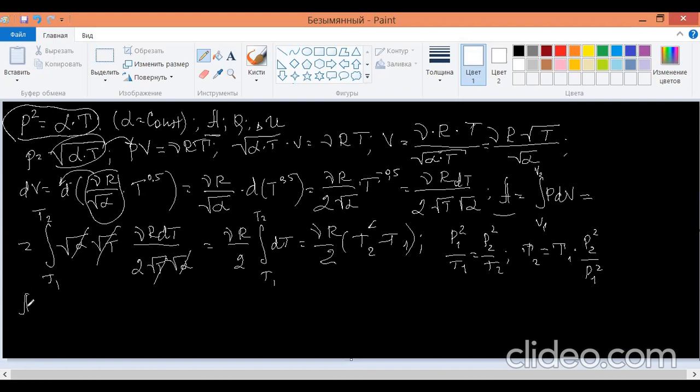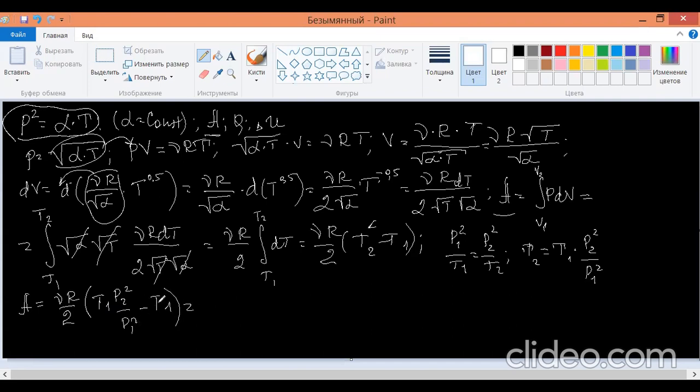And finally, we'll get that A is equal to nu times R over 2 times T1. I guess it's very clear what I'm writing.